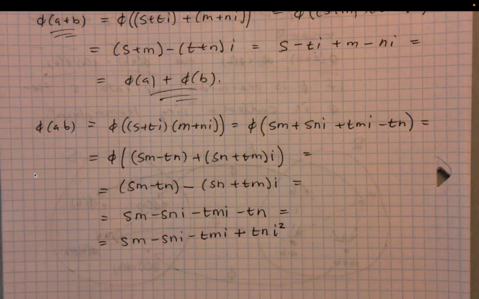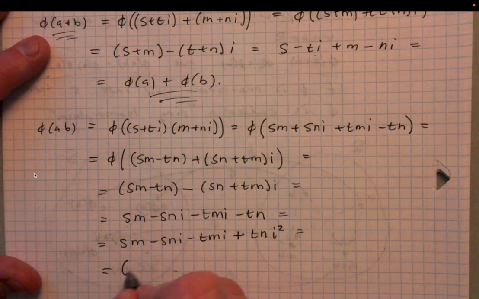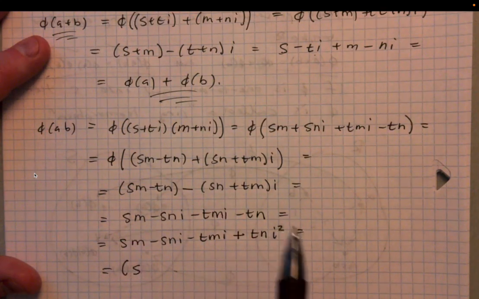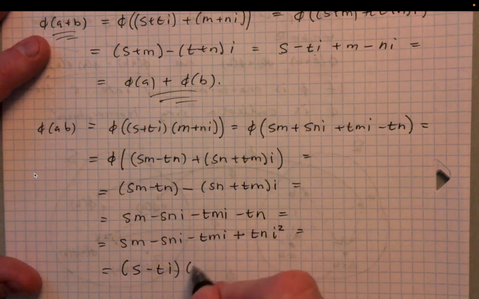So i, remember, is the square root of negative 1. If I square that, I just get a negative 1, and so that's what allows me to make that switch there. And then I can factor this. This factors out nicely, so I factor an S out of the front, and I get S minus Ti, and then I get M minus Ni.